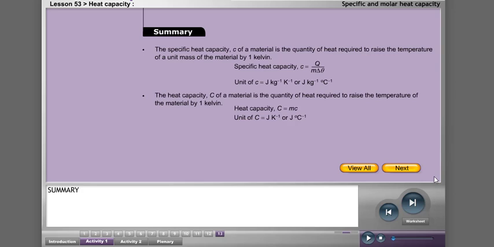The heat capacity C of a material is the quantity of heat required to raise the temperature of the material by 1 Kelvin. Heat capacity C equals m times c. Unit of C equals joules per Kelvin or joules per degree Celsius.